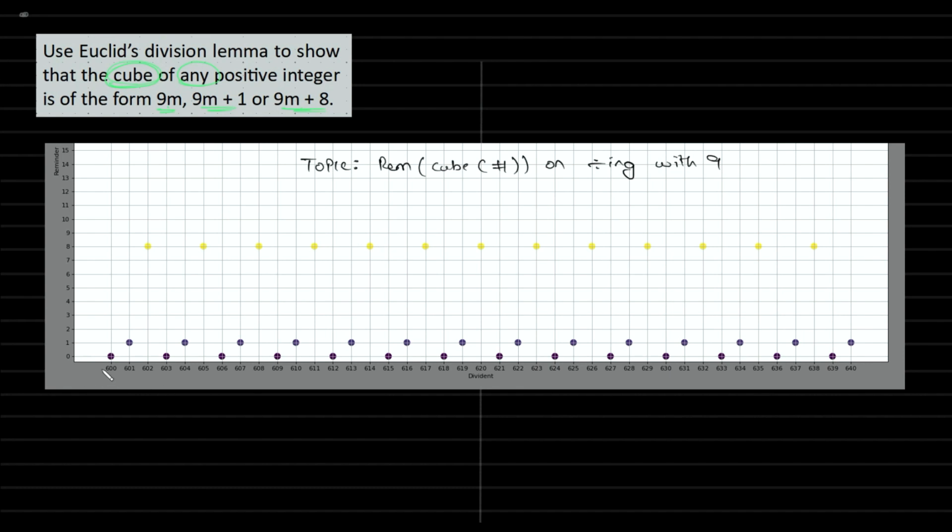We are looking at 600 to 640, and we can clearly see the pattern is 0, 1 and 8, 0, 1 and 8, in a group of 3. So we can handle this question in a smarter way when we are doing it mathematically.